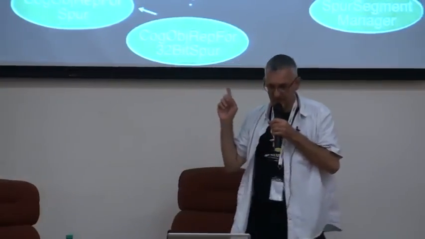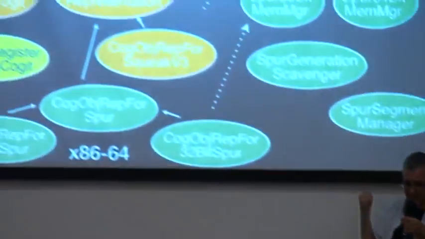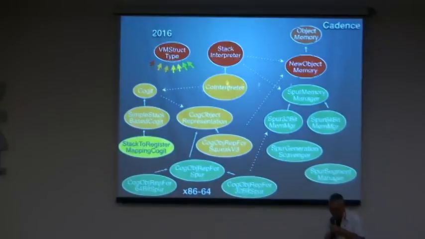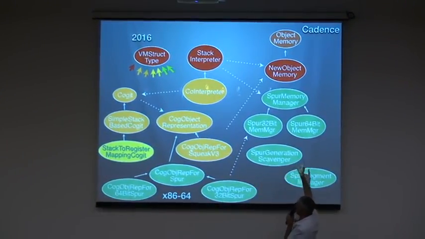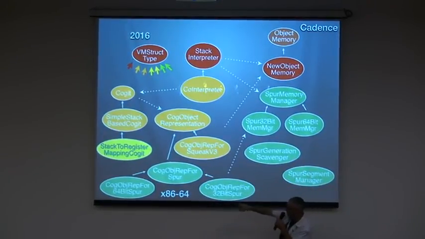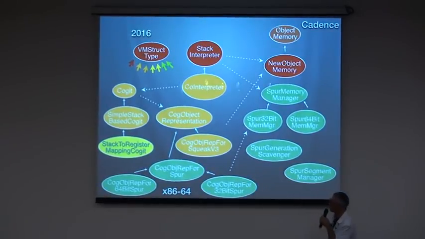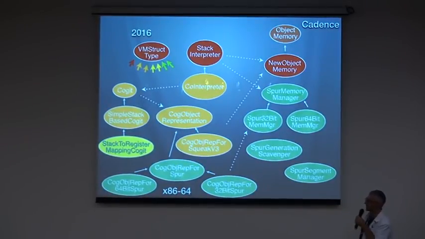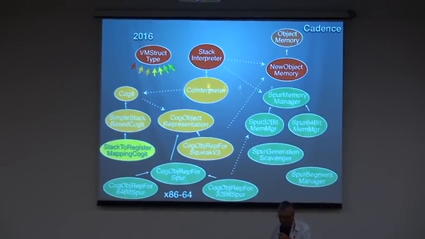Spur was released as Squeak 5 and Pharo 5, and it's been in use for about a year. And then this year we released the 64-bit version, and so now we add a 64-bit memory manager and the 64-bit object representation, and lots of changes to the internals of the JIT to make sure the code was 64-bit and 32-bit clean, and all of that kind of stuff.